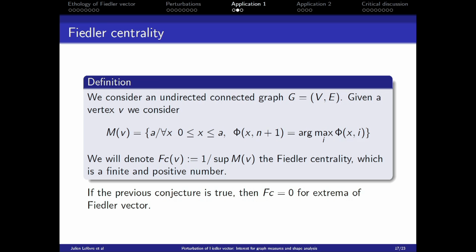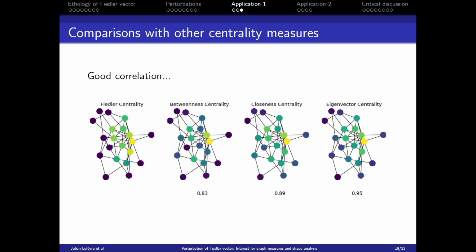And why? If the previous conjecture is true, it means that for an extremum of the Fiedler vector, this Fiedler centrality vanishes. We can illustrate this centrality and compare it with other classical metrics like betweenness, closeness, and eigenvector centrality.